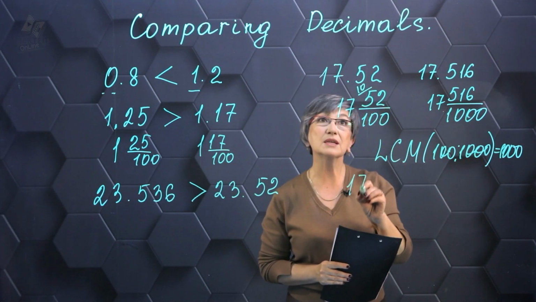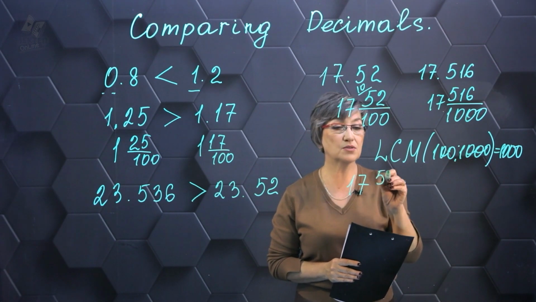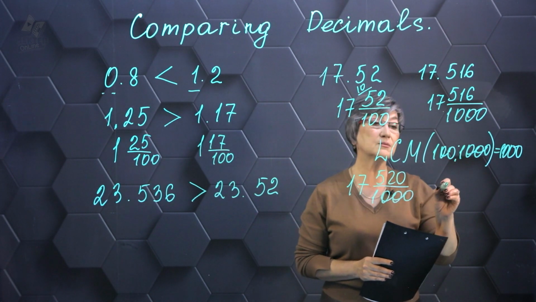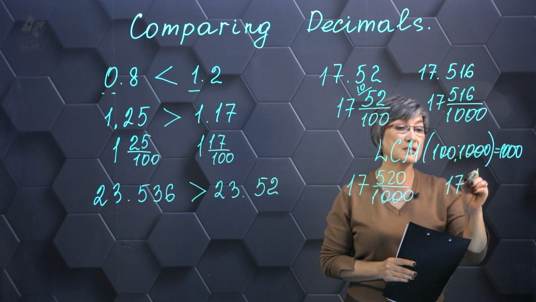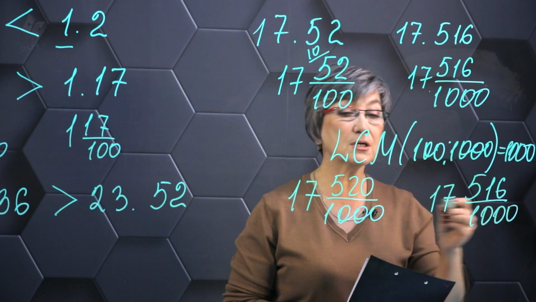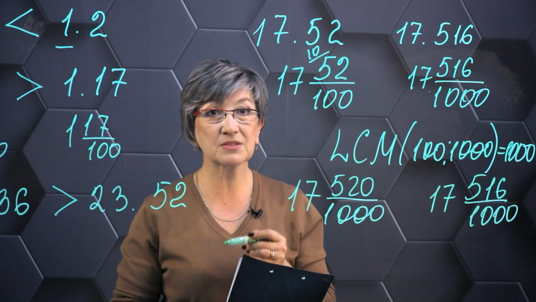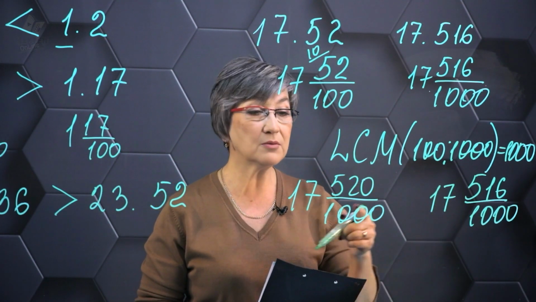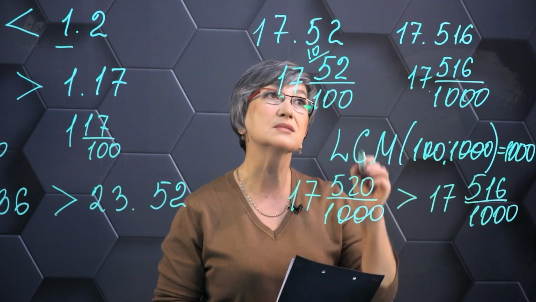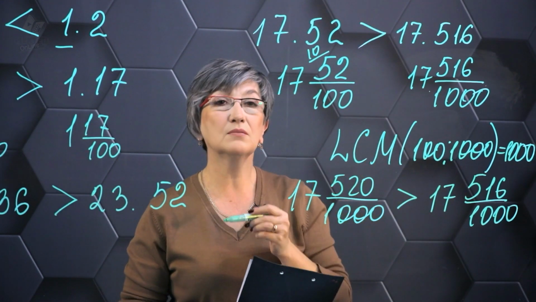The result is 17 integers, 520 thousandths, and in this case, 17 whole 516 thousandths. Well, now I can easily compare these mixed numbers because I have equal denominators. 520 is more than 516. That's why I put the greater sign.